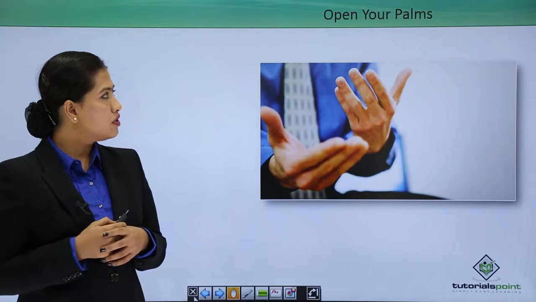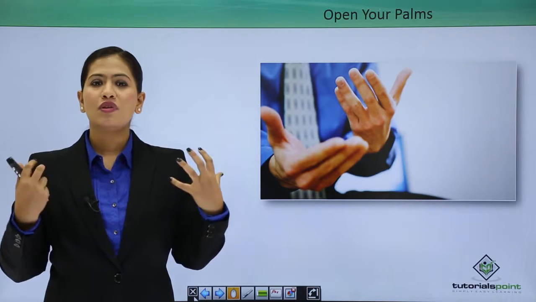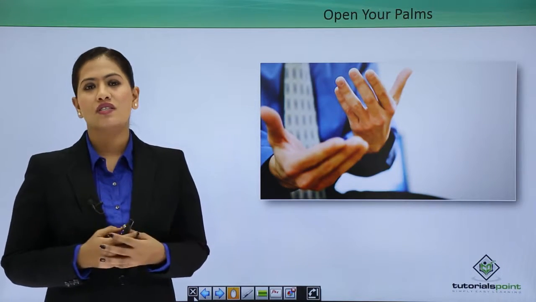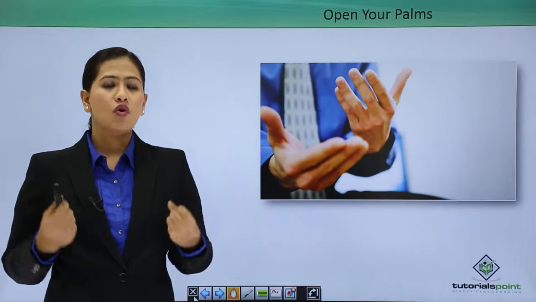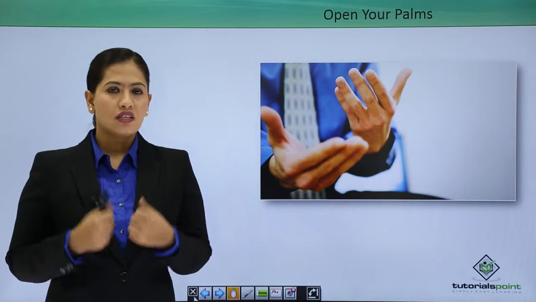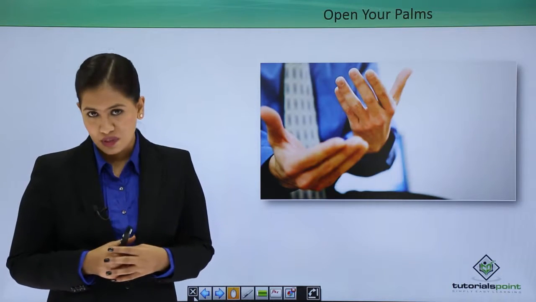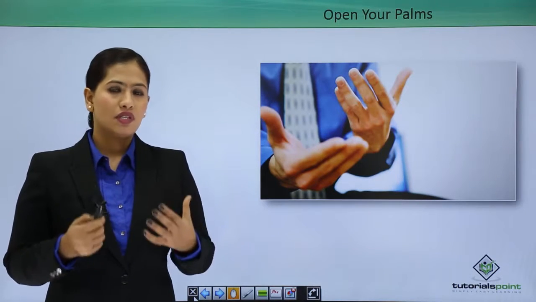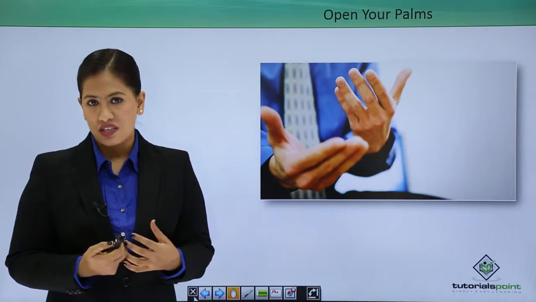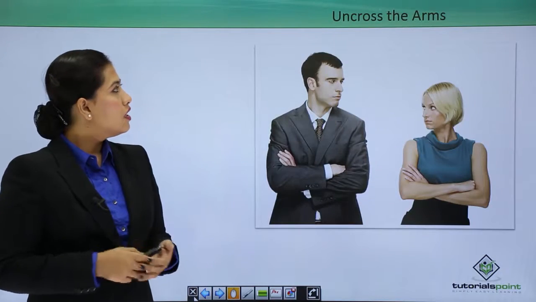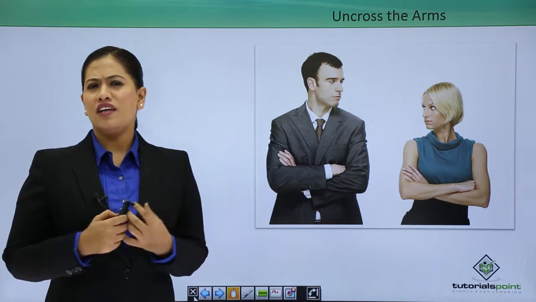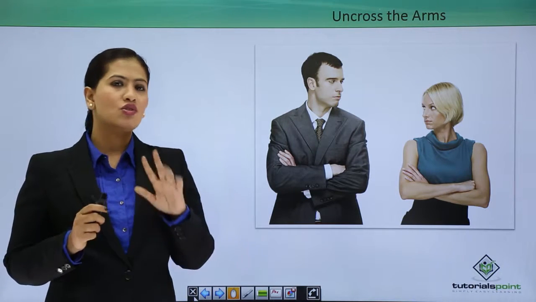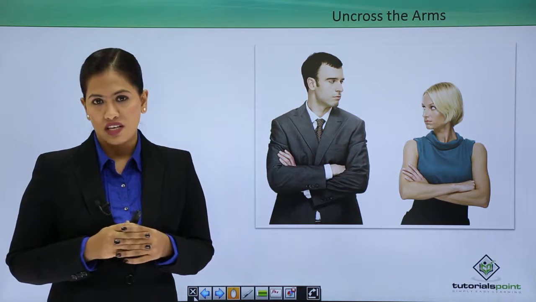Moving further, open your palms, which is an open body gesture. We have already discussed in detail that each time I open my palms, I have an open and free hand movement. It clearly talks about how open I am as a person, how okay I am as a person to acknowledge things across the world. Uncross the arms. Each time I uncross the arms, this has two meanings and definitions attached to it.